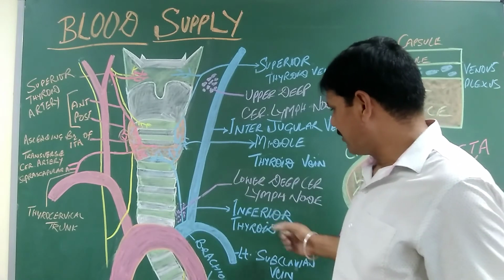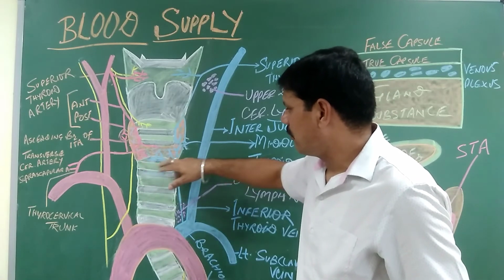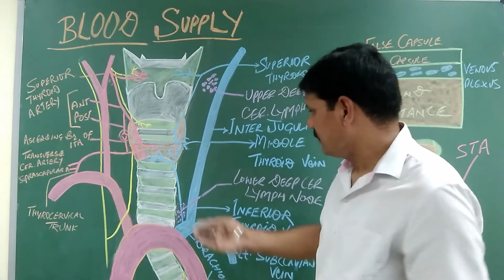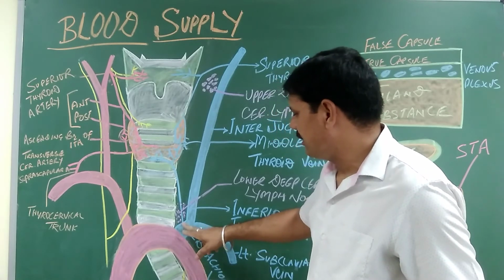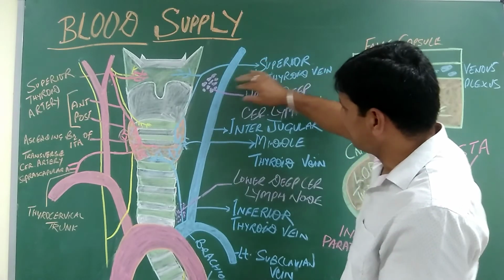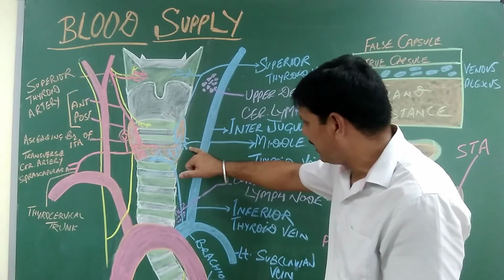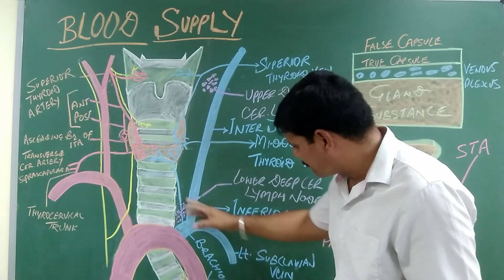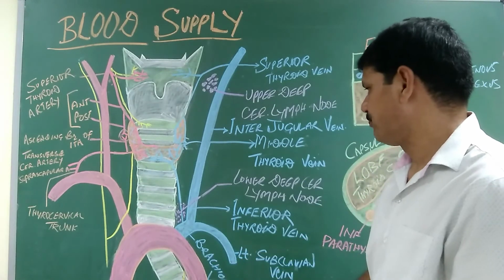The inferior thyroid vein makes a plexus at the lower border or base of the gland in front of the trachea and drains into the left brachiocephalic vein. The superior and middle thyroid veins drain into the internal jugular vein, but the inferior thyroid vein drains into the left brachiocephalic vein.